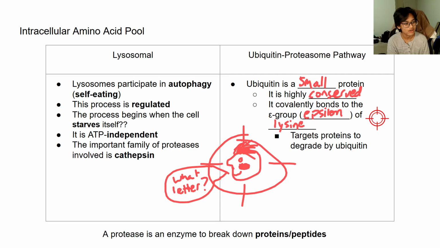It looks like he's blushing, but it puts a target on the protein that it wants to break down, a damaged or degraded protein. This target is basically ubiquitin.